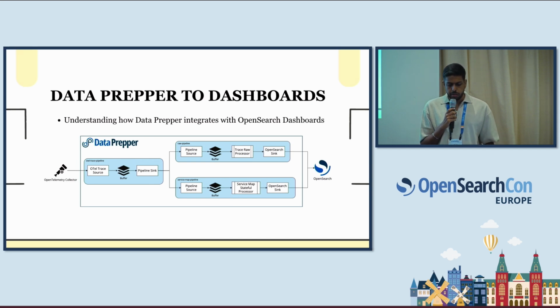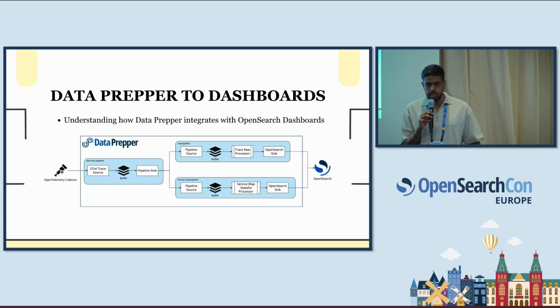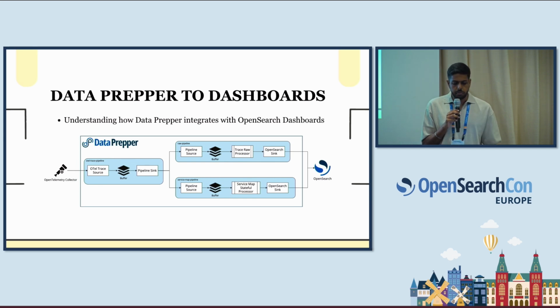The second part is a processor. So what happens to the data inside Data Prepper, inside the pipeline? These are the steps that transform or modify the data. You can have multiple processors chained together if you want to do multiple things. The major ones are the trace raw processor. It takes incoming raw trace data, which has spans, converts it into trace groups, and links spans together into a full trace.